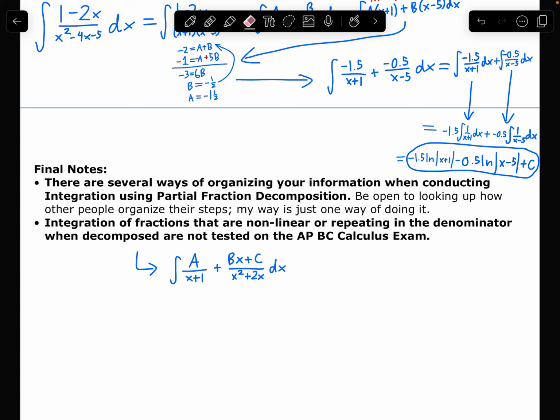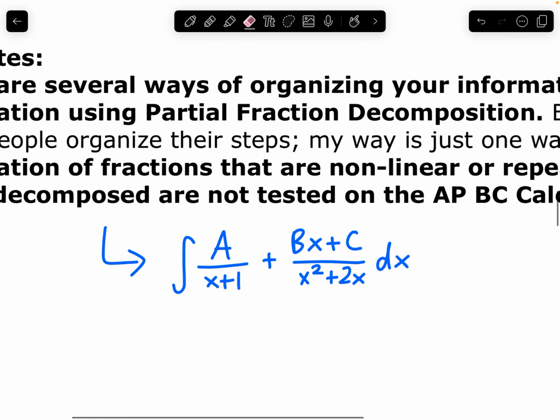The reason I know this is if you go to topic 6.12 in the AP Calculus AB and BC course and exam description, on page 126, it cites how some rational functions can be decomposed into sums of ratios of linear non-repeating factors. But nothing about nonlinear or repeating factors are ever mentioned in terms of partial fraction decomposition.